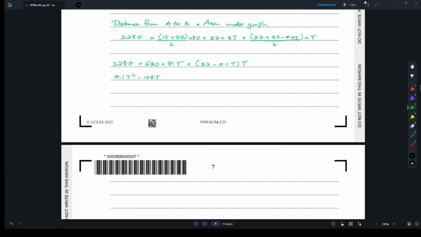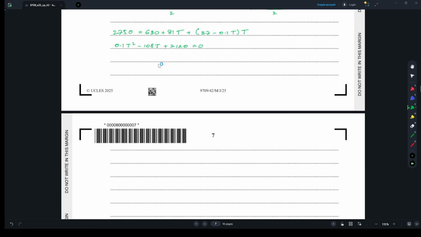And then here we have 2750, and I'm going to bring 630 to the other side. So it will become 2120 equals 0. Now it's a quadratic equation, so you have to solve it.